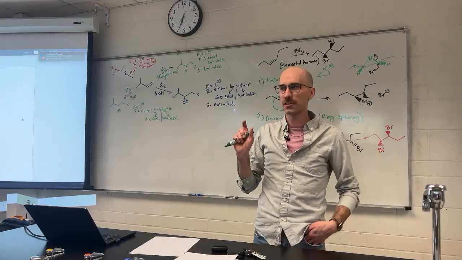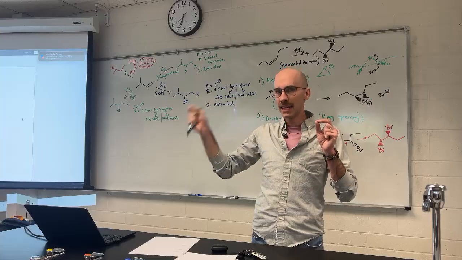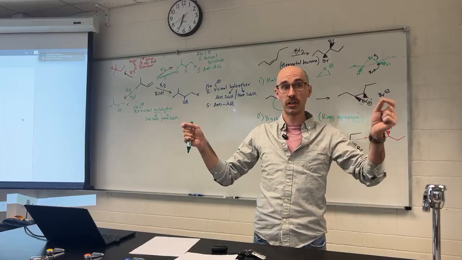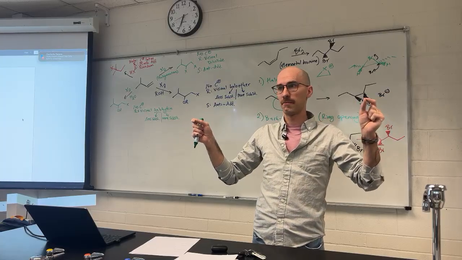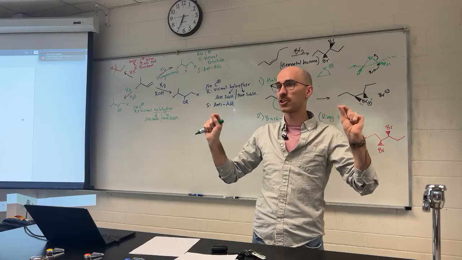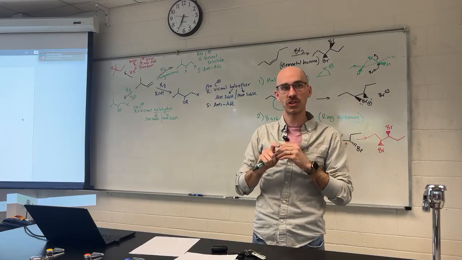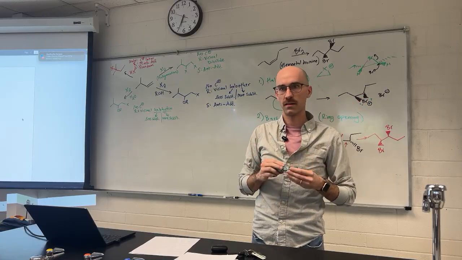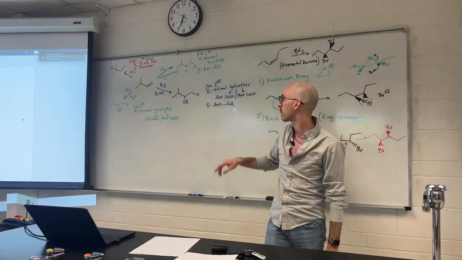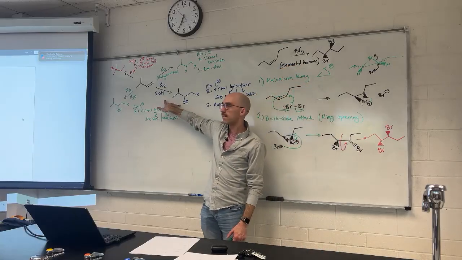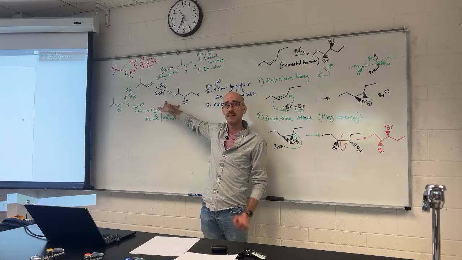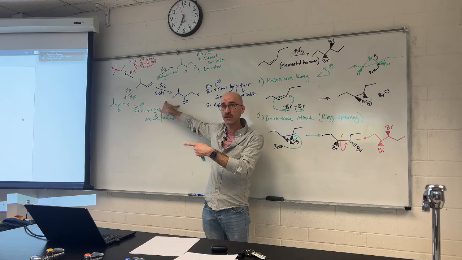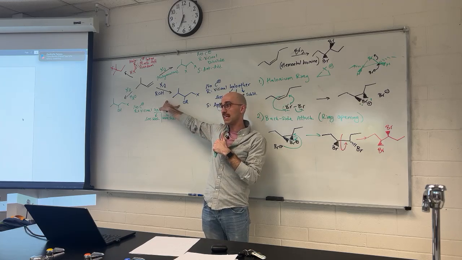So what's the difference between getting an ether in my product and an alcohol in my product? What do I need to change to get that difference in functionality? The solvent. Alcohol as a solvent is a precursor to ether.